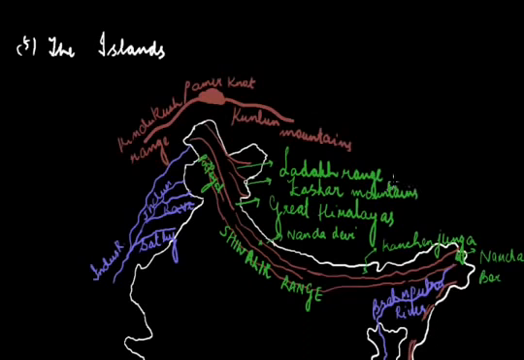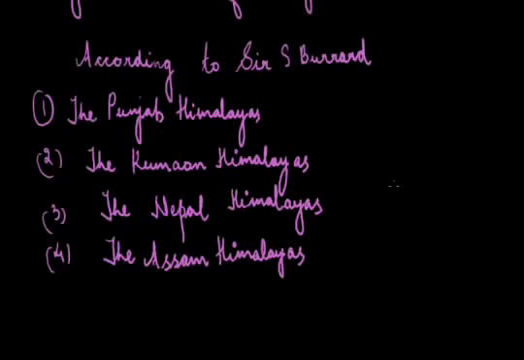Pir Panjal we have already marked in the map. The Zojila Pass, at an altitude of 3,444 meters above sea level, is also a part of the Punjab Himalayas. This was the first region.